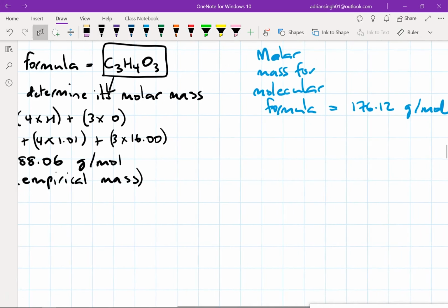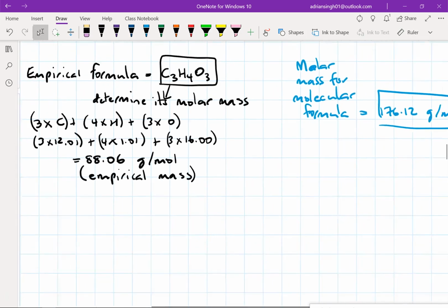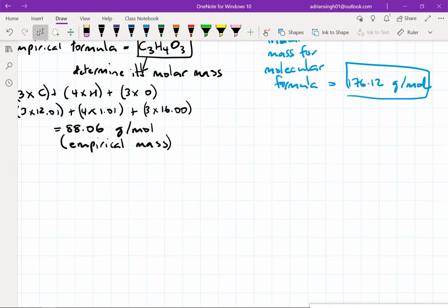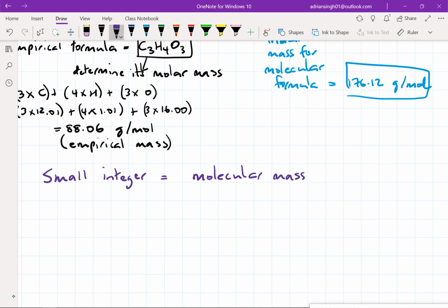And we were told that the molar mass for the molecular formula is 176.12. So to get our small integer, all we have to do is divide those two. Our small integer is the molecular mass divided by the empirical mass.